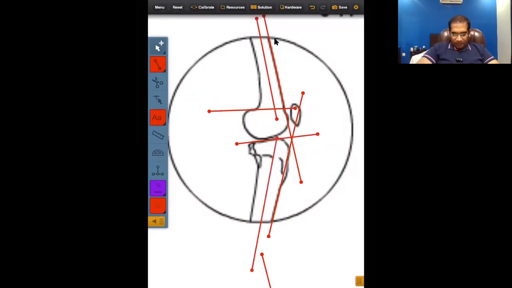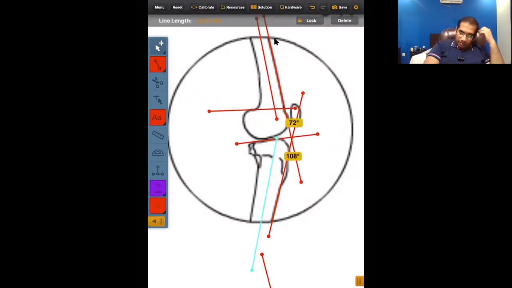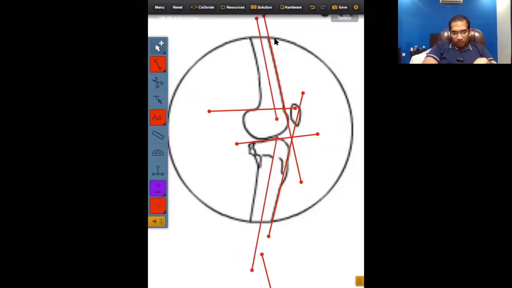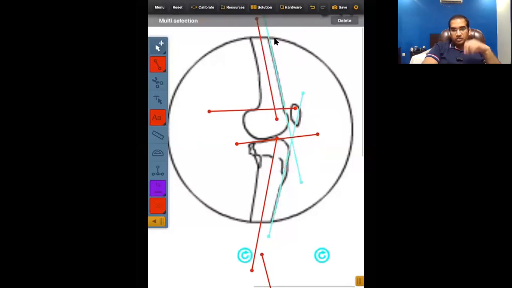Now here you can see the posterior proximal tibial angle is 72 degrees. It's about 9 degrees less, and the femur is more or less normal. The magnitude of the total flexion is 26 degrees. There is 26 degrees of flexion contracture.